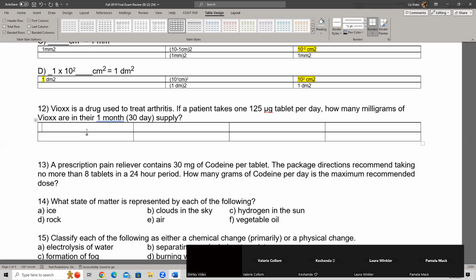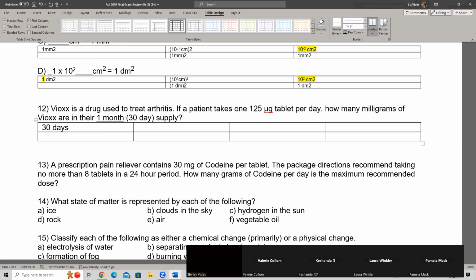If a patient takes a 125 microgram tablet per day, how many milligrams of Vioxx are in their 1 month supply? All right, oh my goodness gracious. We start with what they're asking us, right? We start with 1 month or 30 days in this case.